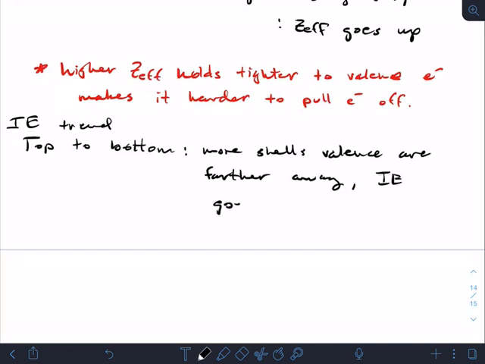Our atoms are getting larger. If the valence electrons are farther away, it's easier to pull off electrons.